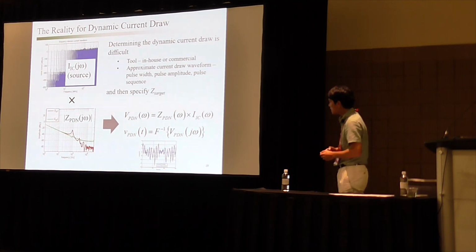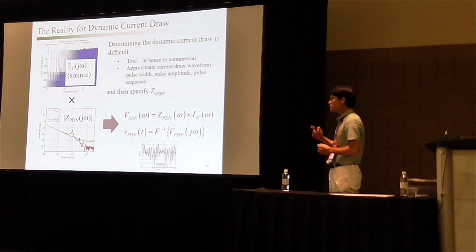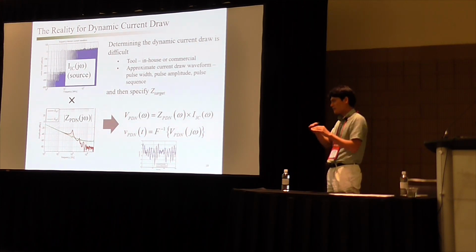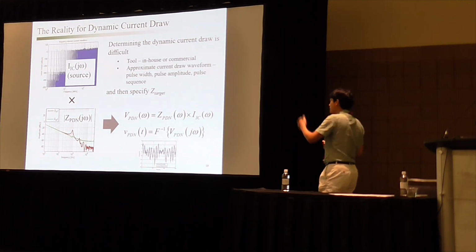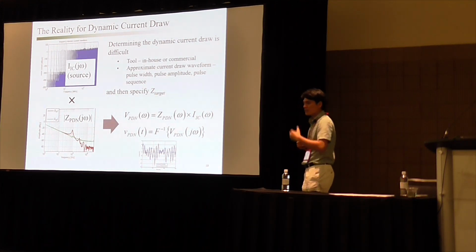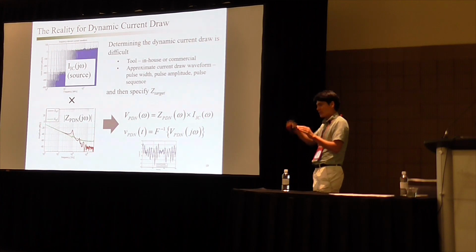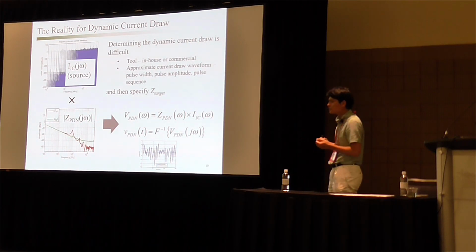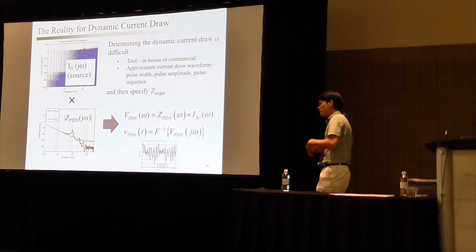Another way we can do is assume the current profile is a very simple triangular-shaped pulse. Like I showed in the very beginning, the current drawn by the circuit looks like a triangular shape. So we just assume there's a triangular pulse current, and based on that, we can design some PDN.